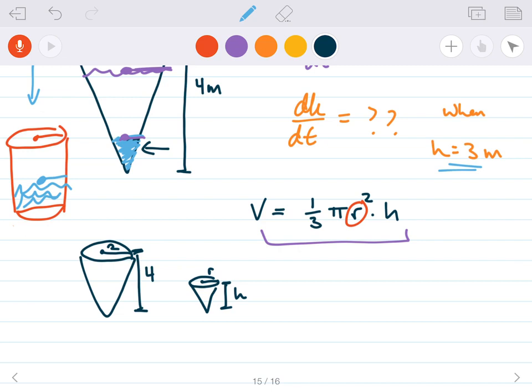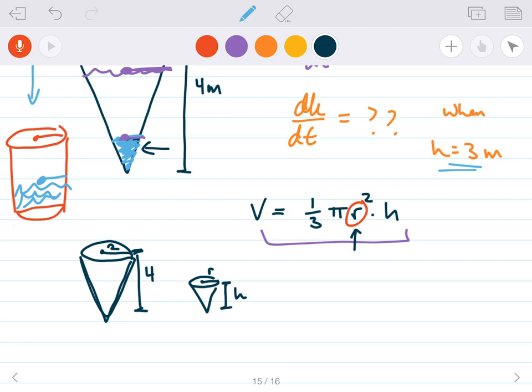So what we do is we use the idea of similar figures here, which is not completely an obvious thing to do, but it's how we are going to replace R right here in terms of H. So similar figures say that we can compare the parts and set them equal to each other.